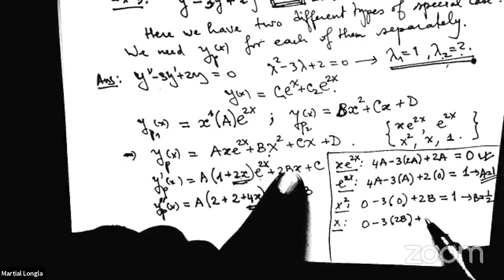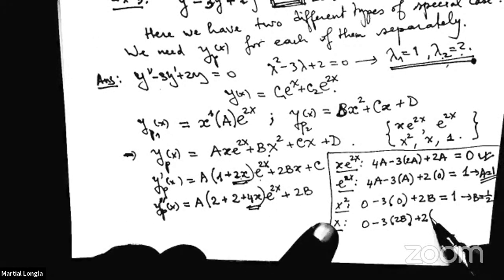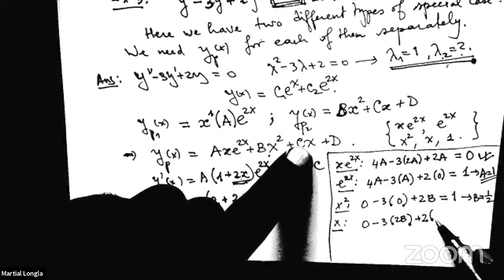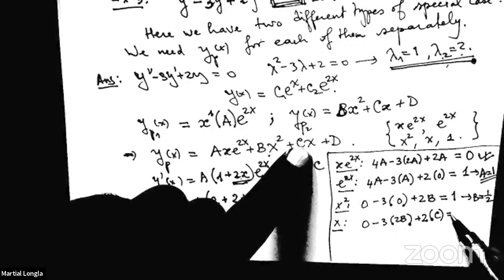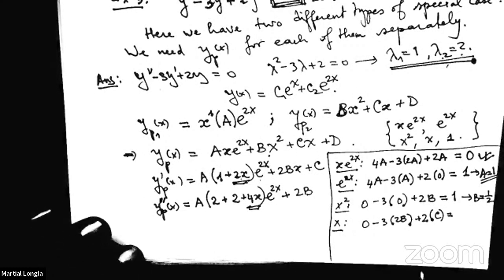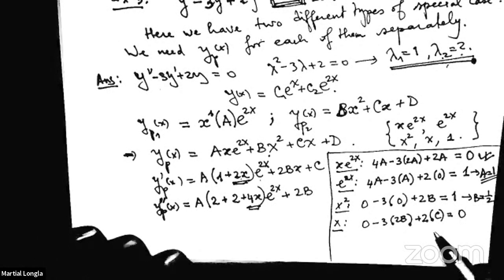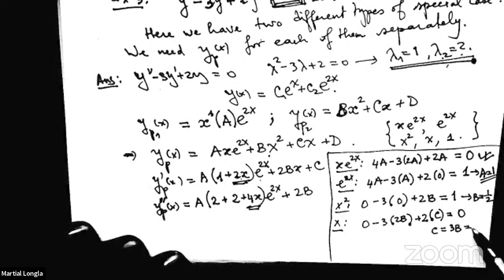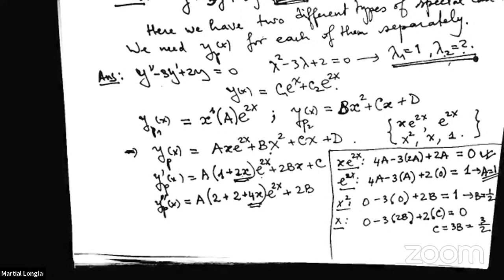Plus 2 times the original function, x is c, equals the right hand side of the equation, which has no c, has no x. So we got c equals 3b. So that c equals 3/2.